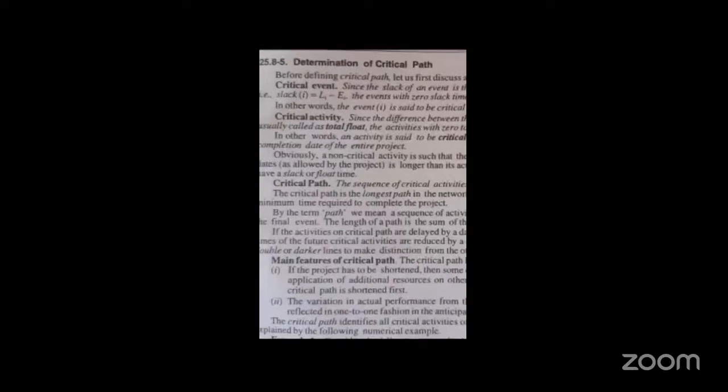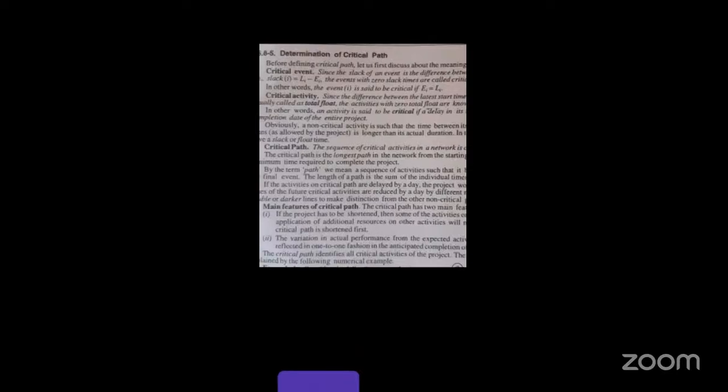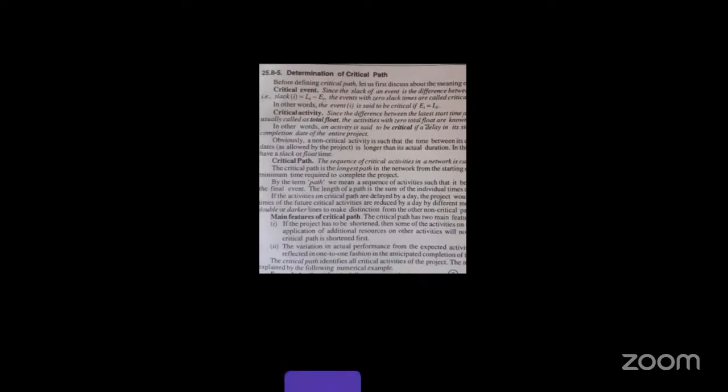See, some more definitions on critical path. Critical event: the slack of an event is the difference between the latest and earliest event times, that is Li minus Ei.